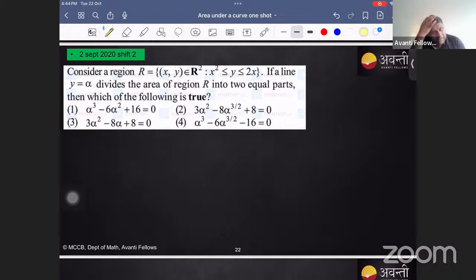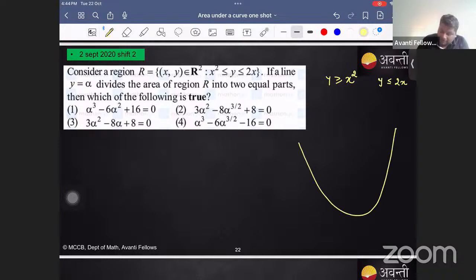See, the question is: consider the region R. So there are two curves. One is y more than or equal to x square, and the other is y less than or equal to 2x. Am I correct?